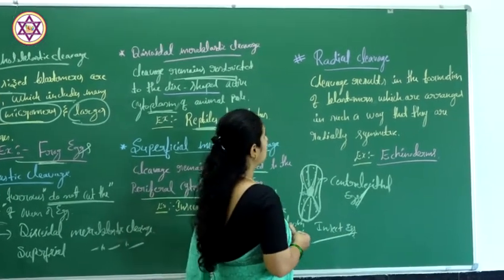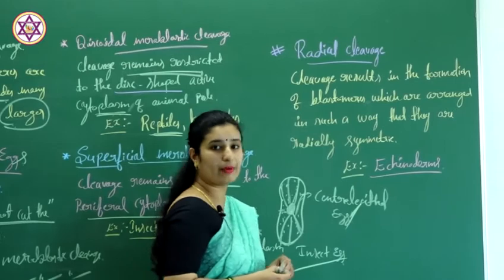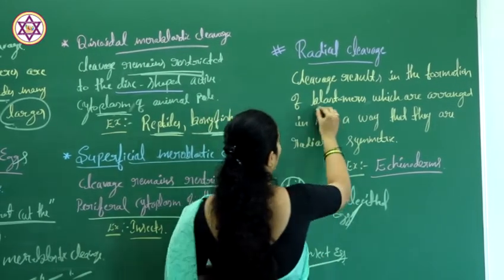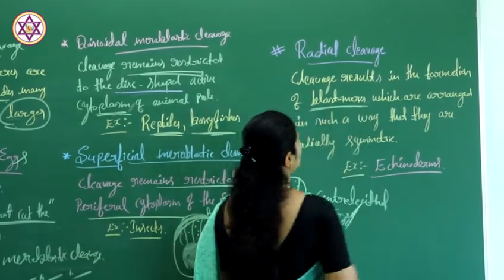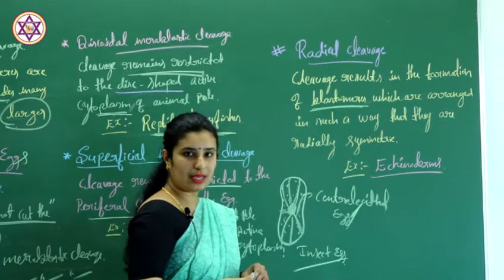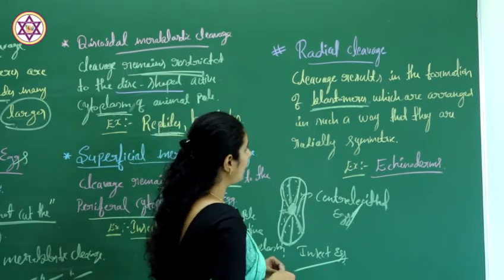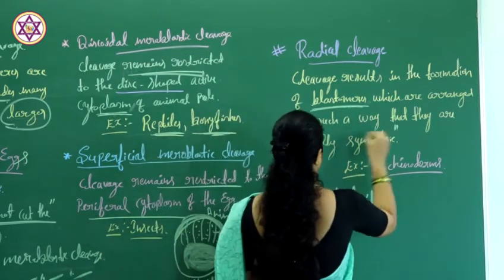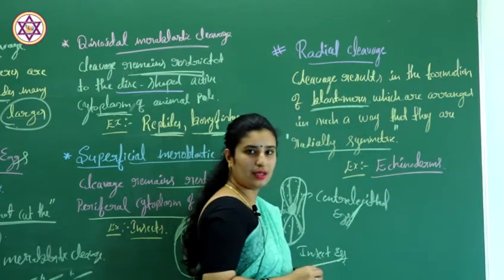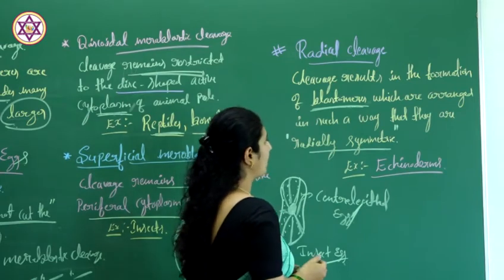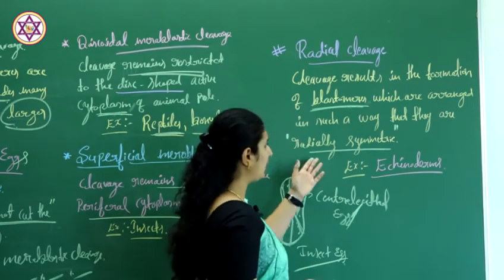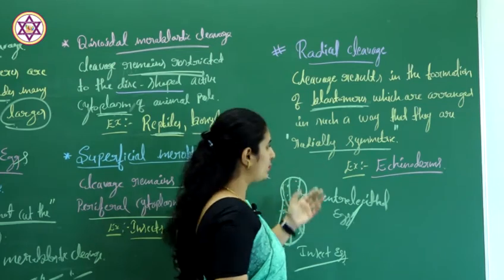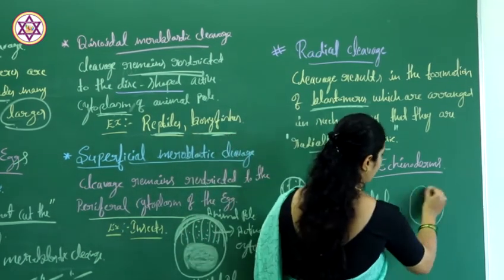Here what happens is cleavage results in the formation of blastomeres which are arranged in such a way that they are radially symmetric, which means, consider this is an egg.